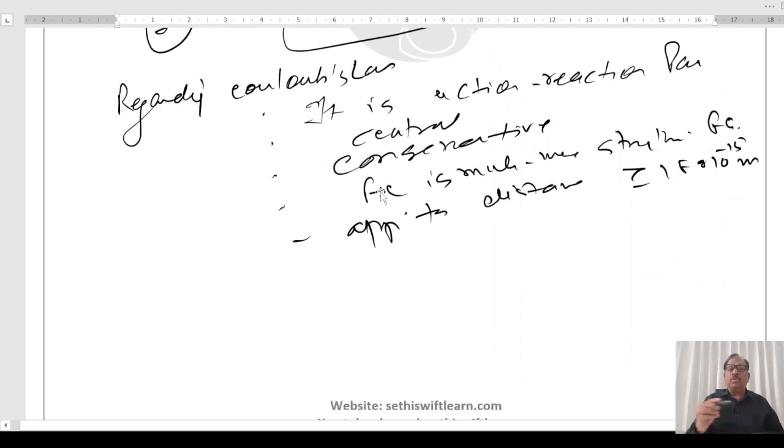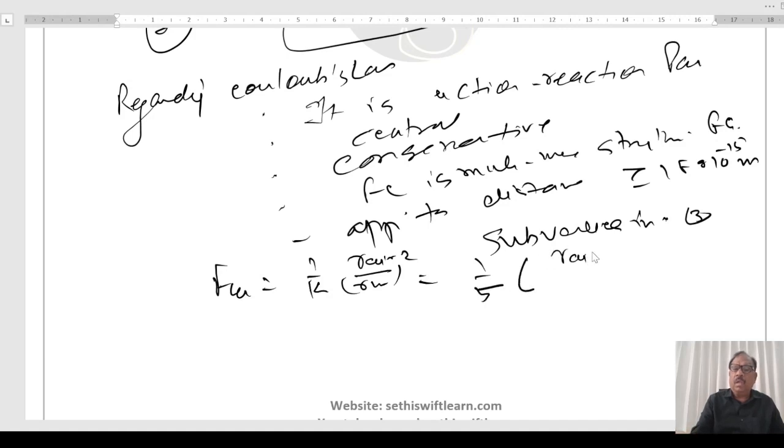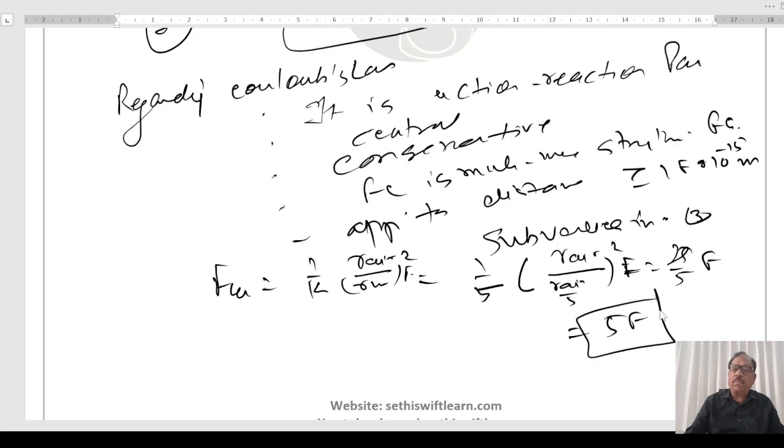Now, substituting the values in equation 3: F medium will be equal to 1 by K, R air over R medium whole square, which is 1 by 5 times R air upon R air by 5 whole square, into F. This comes out to be 25 by 5 F, which is 5 F. This is the answer.